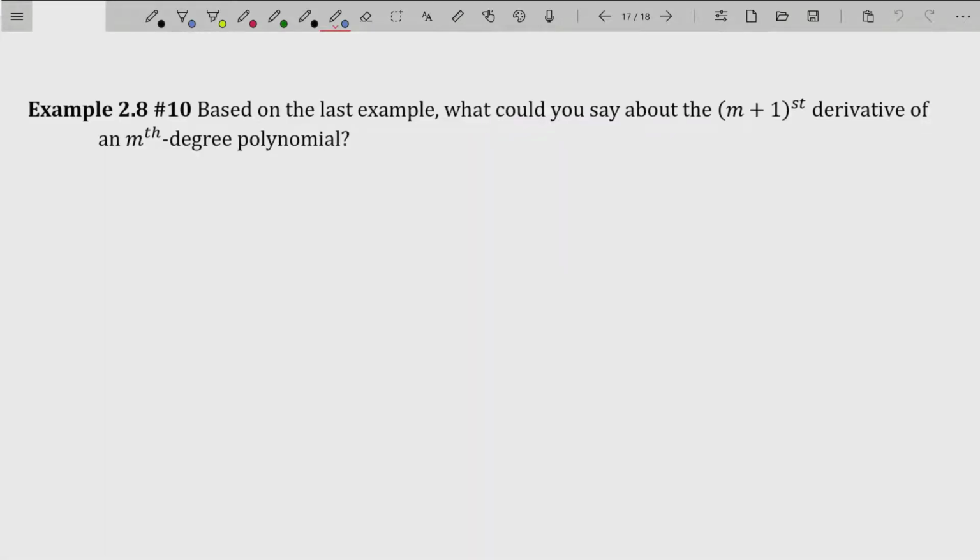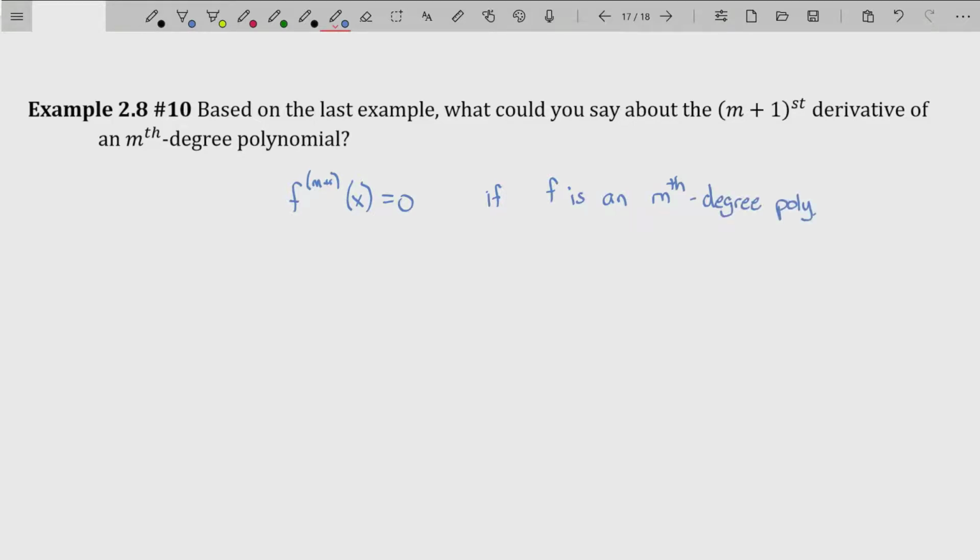So let's summarize. Based on the last example, which was a 4th degree polynomial, and yet we took the 5th derivative, what could you say about the m plus 1st derivative of an mth degree polynomial? Well, based on what we just saw, the m plus 1st derivative, f^(m+1)(x), would be 0 if f is an mth degree polynomial.